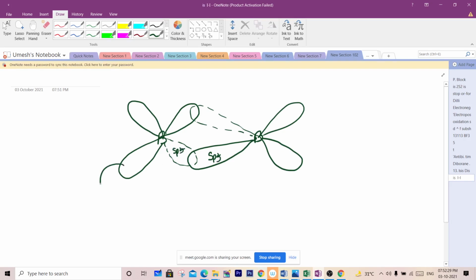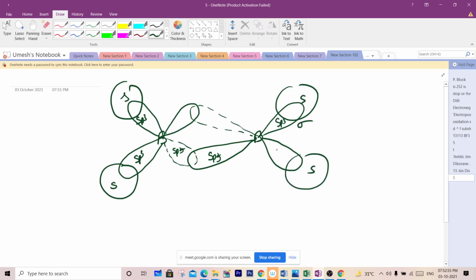And here also, the sp3 of the boron overlaps with the s orbital of hydrogen. The s orbital here and the sp3 here form a sigma bond.